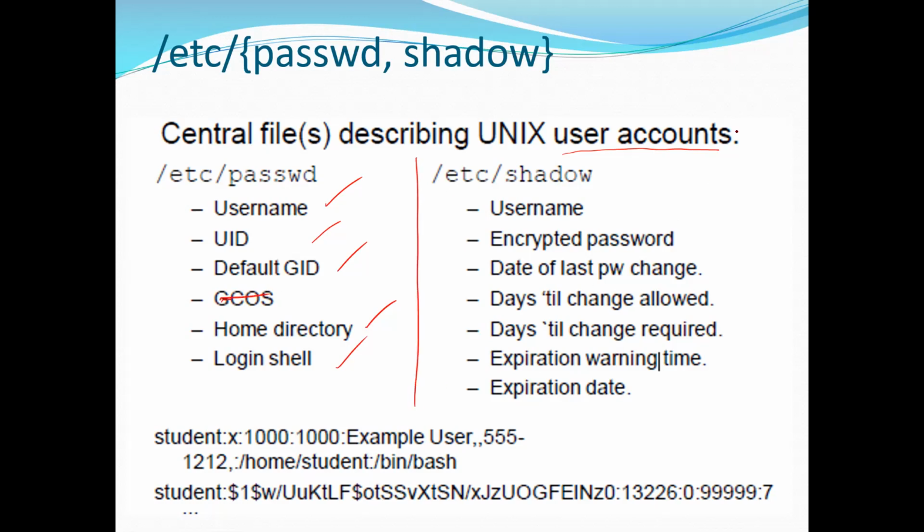In the etc shadow file, that's the file that contains the hashed passwords of the users. You can see there's the username, which matches. And then you have the encrypted password, which is usually encrypted, I think, with SHA-256, I believe, or something along those lines.